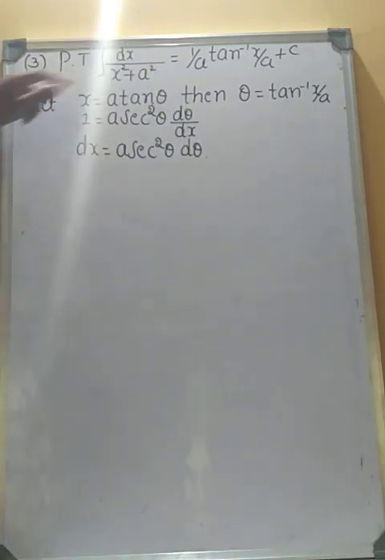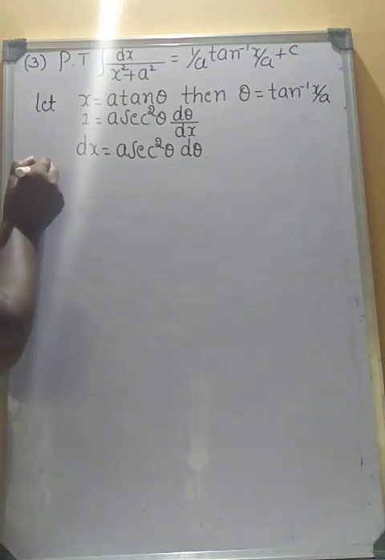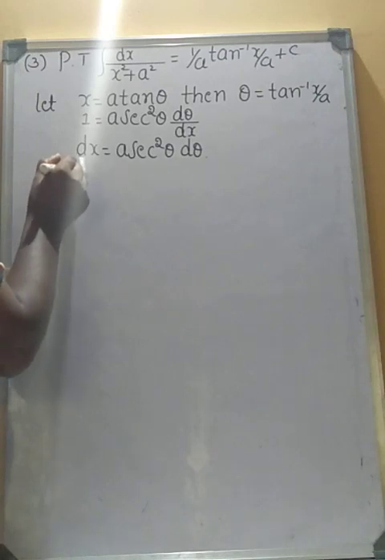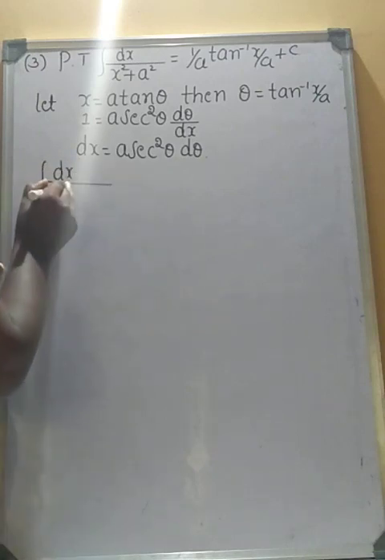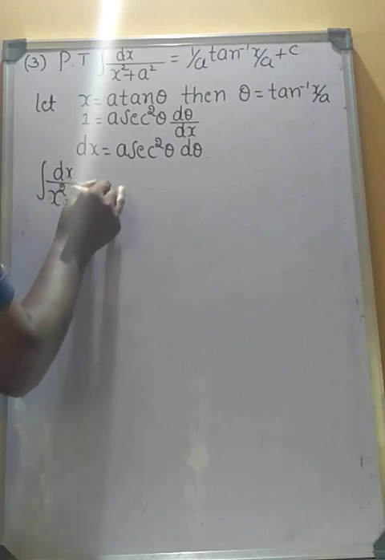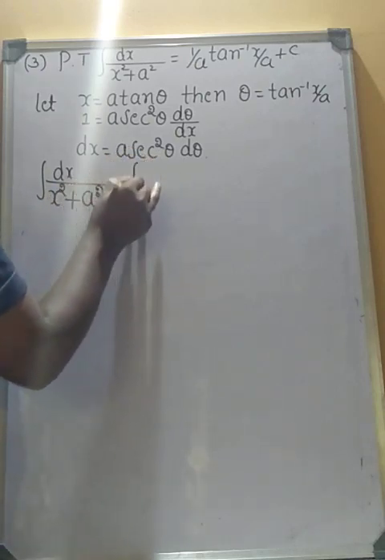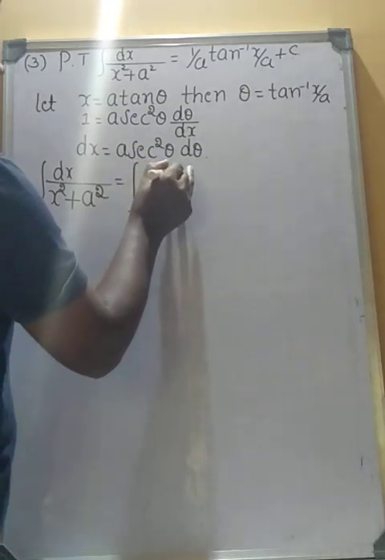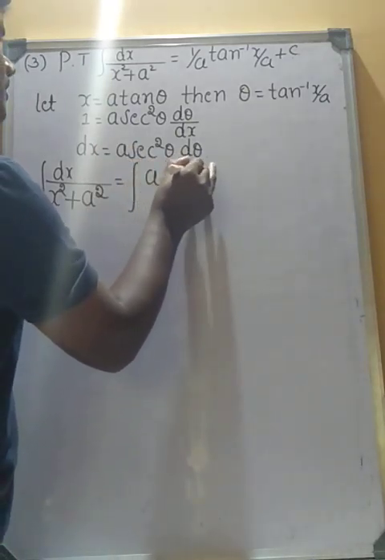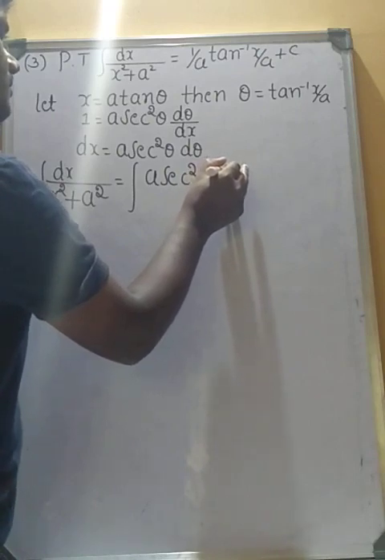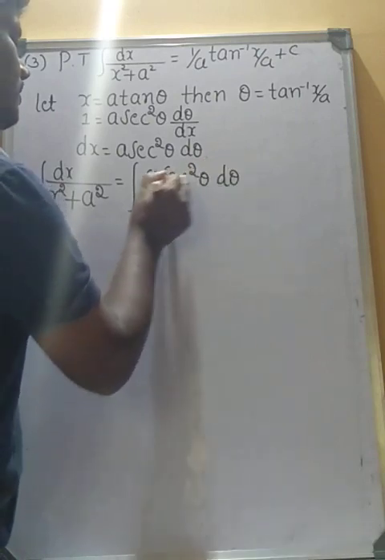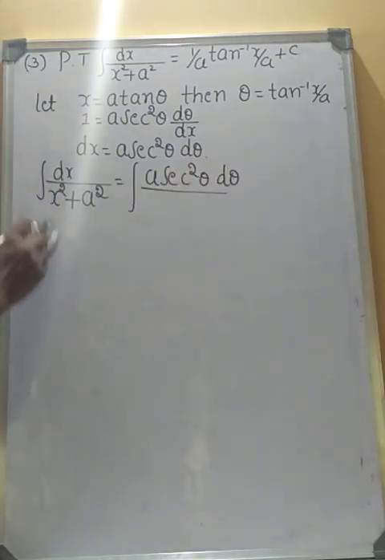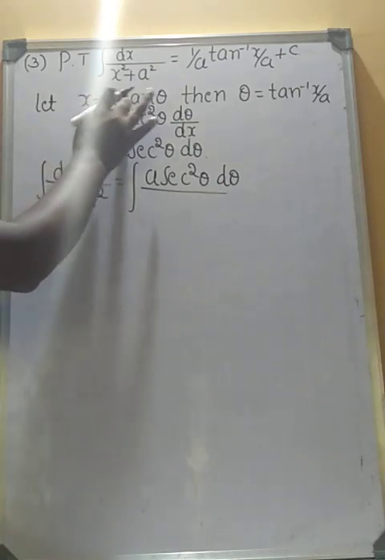So substitute in the given integral, integral of dx dividing by x square plus a square equals integral of a secant square theta into d theta dividing by x square plus a square. What is x? a tan theta.